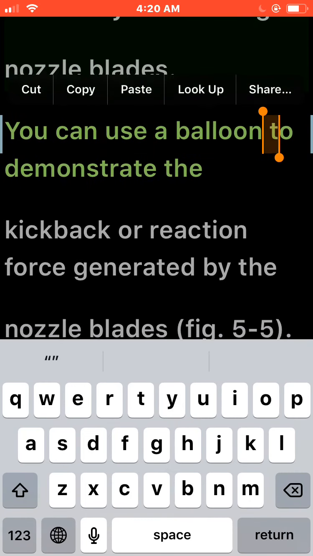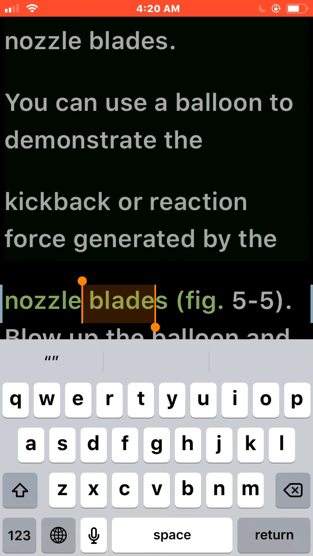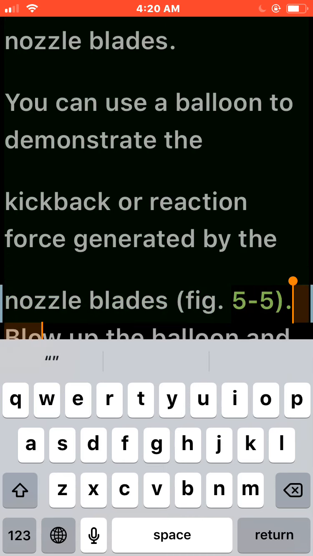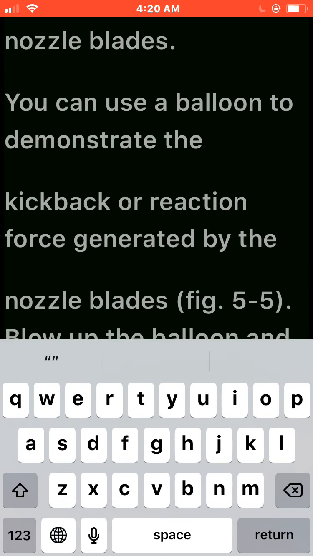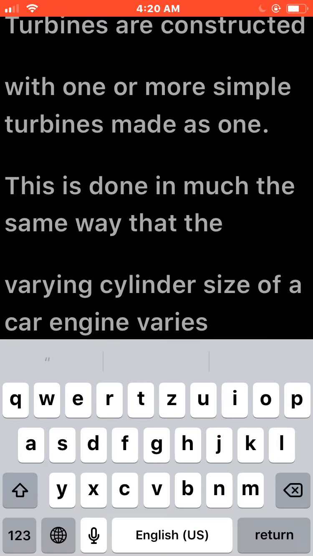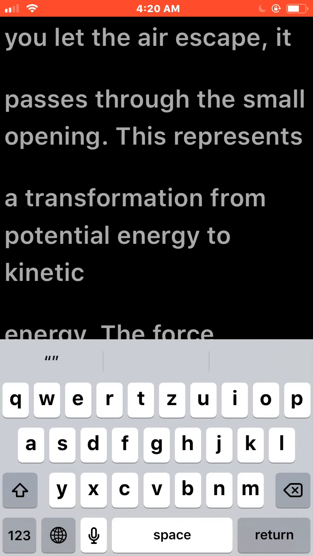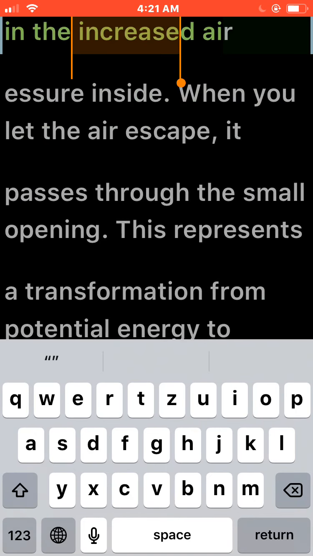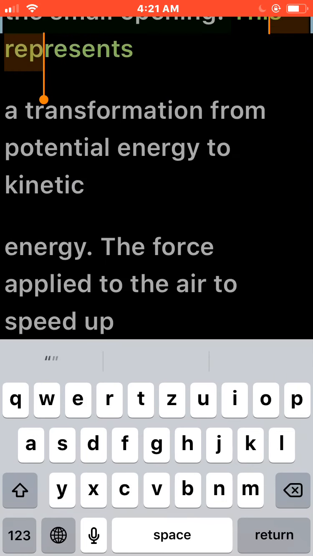You can use a balloon to demonstrate the kickback or reaction force generated by the nozzle blades. Figure 5-5. Blow up the balloon and release it. The air will rush out through the opening and the balloon will shoot off in the opposite direction. When the balloon is filled with air, you have potential energy stored in the increased air pressure inside. When you let the air escape, it passes through the small opening.